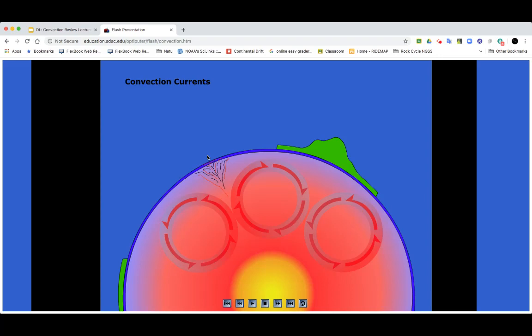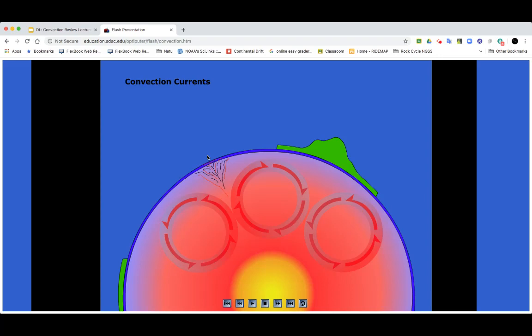So, big idea here. Convection occurs in Earth's asthenosphere. It does that because we have heat differences, temperature differences in the asthenosphere, hotter toward the bottom of the asthenosphere, cooler toward the top. Those heat differences cause density differences in the asthenosphere. Hotter areas are less dense and they rise, cooler areas are more dense and they sink.